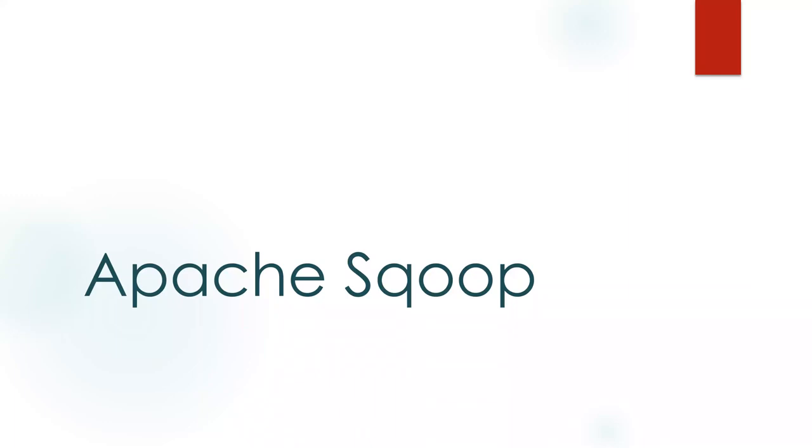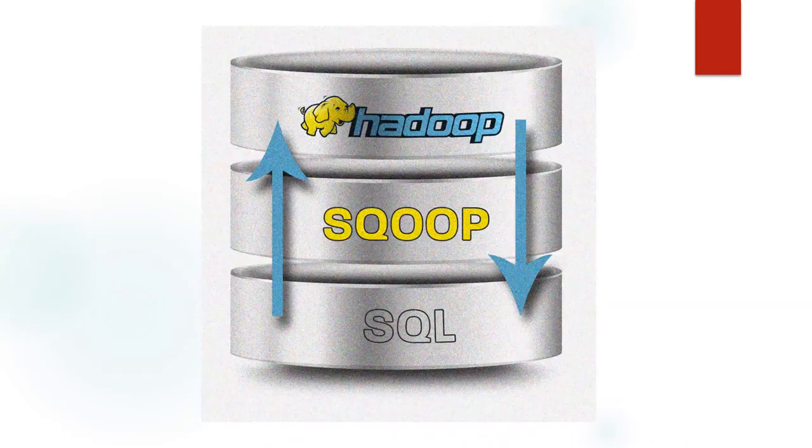Okay, great. So Apache SQOOP, right? And what it is, that's the question that we have to solve. If I want to summarize SQOOP in a single line or a single picture, this will be it. Okay, so this is SQOOP.